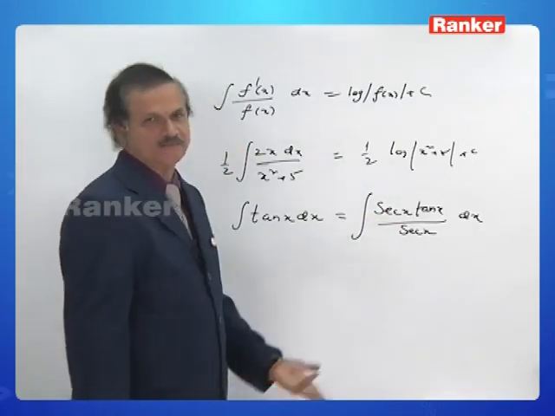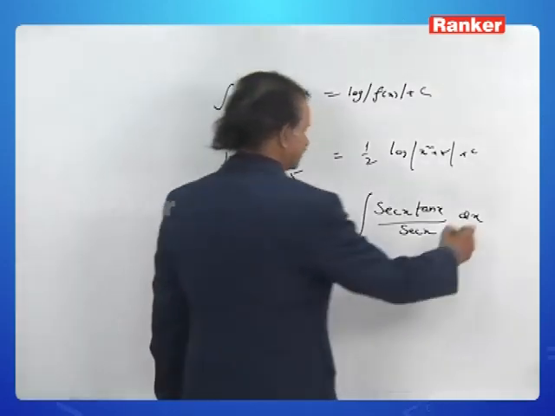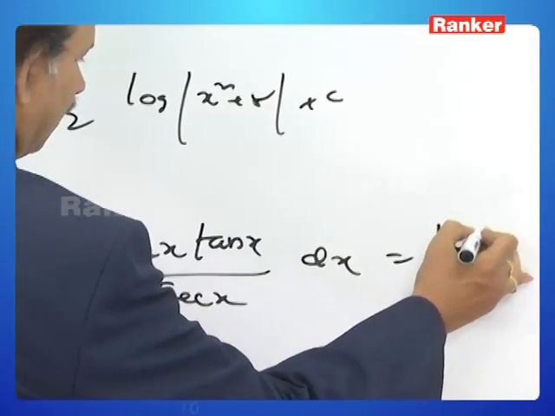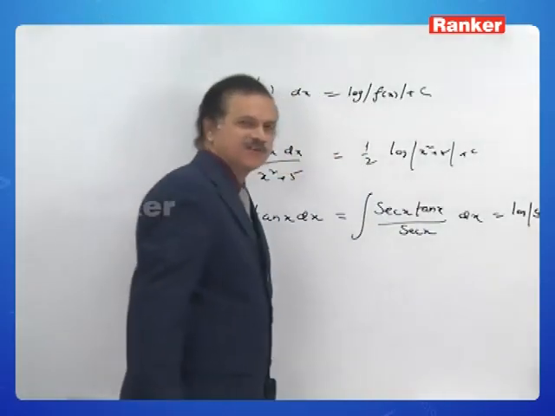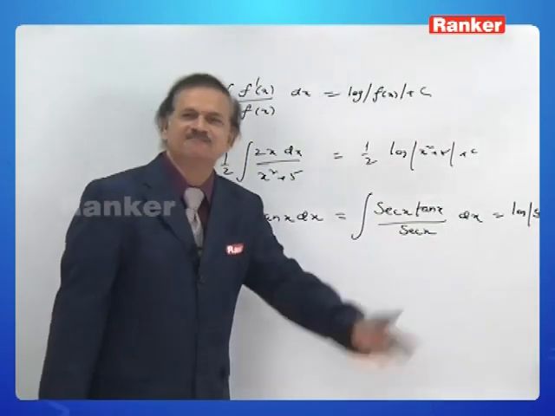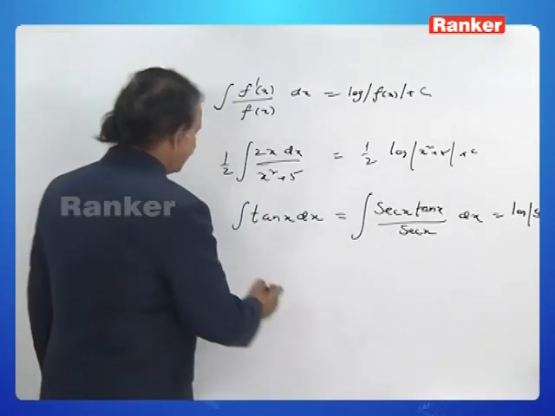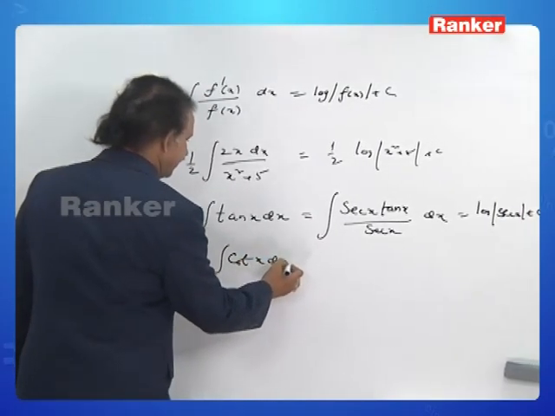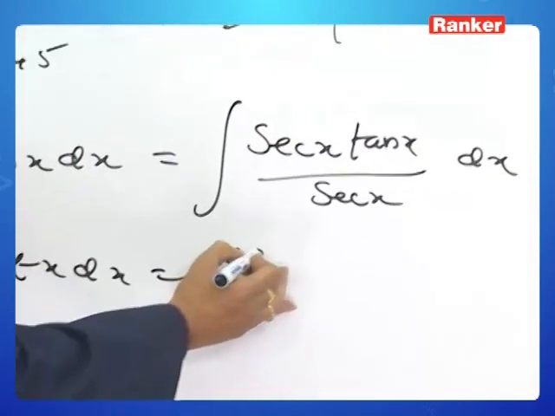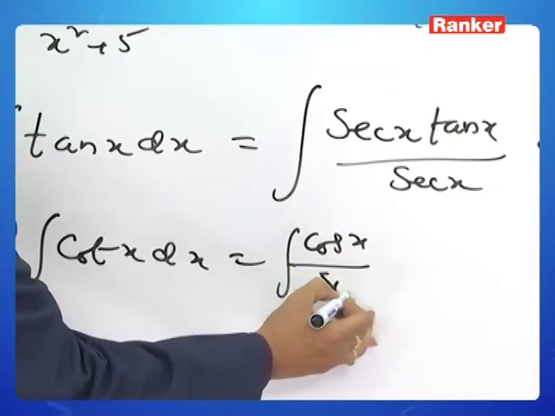F dash x by f of x is log mod f of x, that is log mod secant x plus c. Of course, this we could have had as a formula. Not only this, you imagine integral of cot x. What is cot x? It is very direct, cos x by sin x.